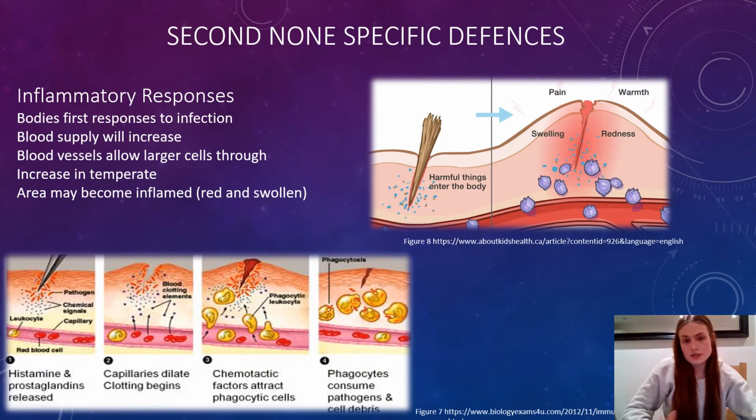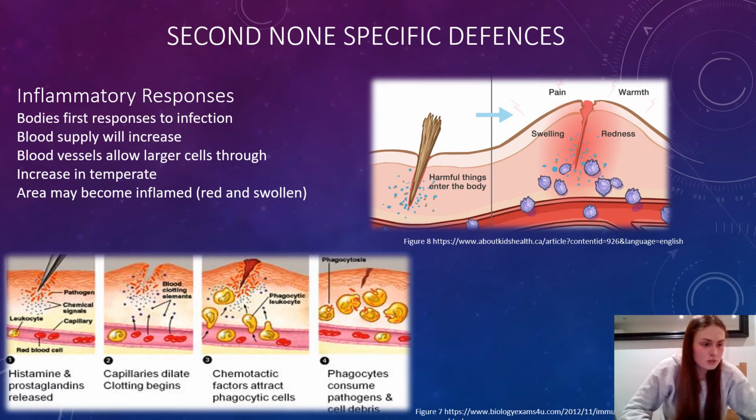Now we're going to talk about the second non-specific defense mechanism, which involves responses within the body. If the pathogens get past the first line of defense, for example through a cut in your skin, and an infection develops, the second line of defense becomes active. The inflammatory response is the body's first response to an infection.